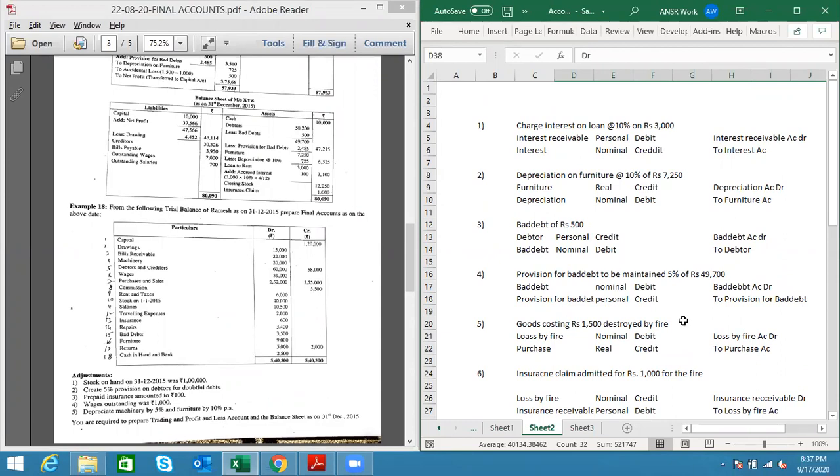What we are doing here is, we are preparing two statements. One is called trading and profit and loss account. Another one is called balance sheet. So trading and profit and loss account gives us the net profit, the profit that we have earned during the year, and the balance sheet gives us, can somebody tell what was the name that I introduced? Balance sheet gives us?